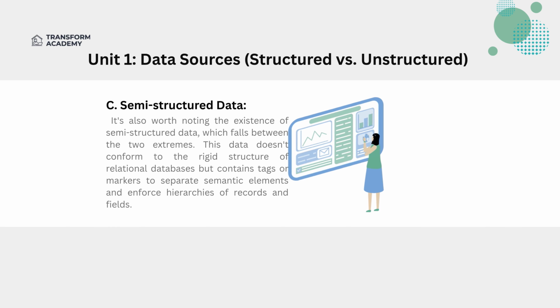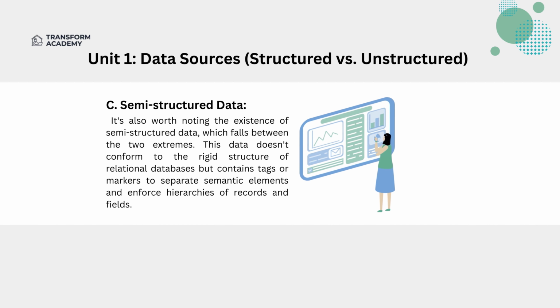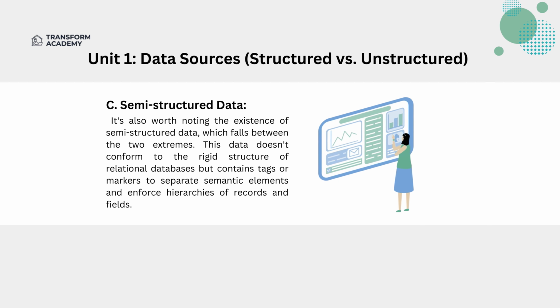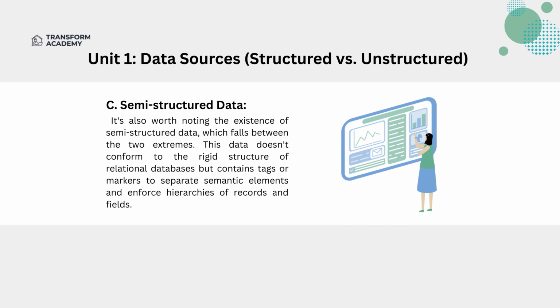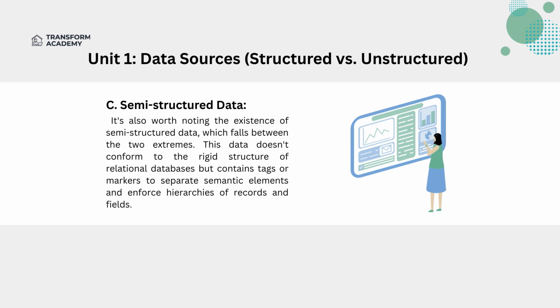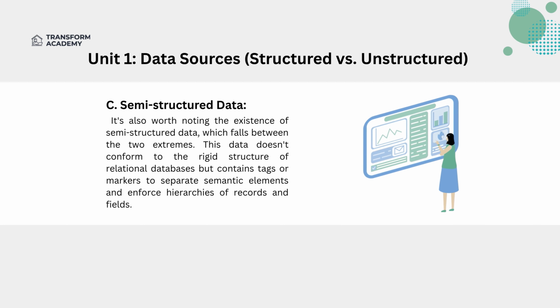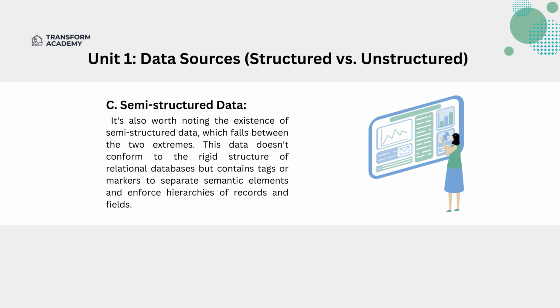Semi-structured data. It is also worth noting the existence of semi-structured data, another category, which falls between the two extremes. This data doesn't conform to the rigid structure of relational databases, but contains tags or markers to separate semantic elements and enforce hierarchies of records and fields.